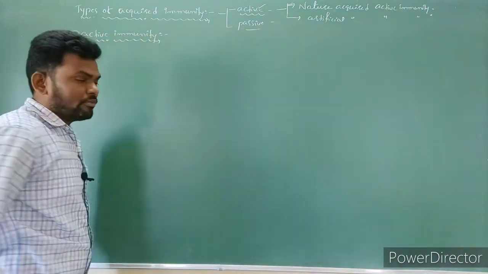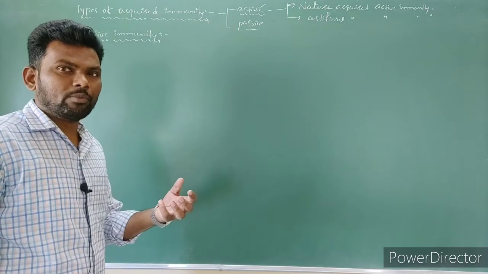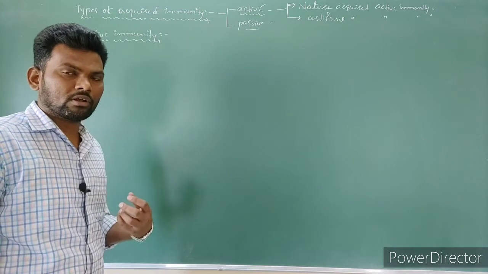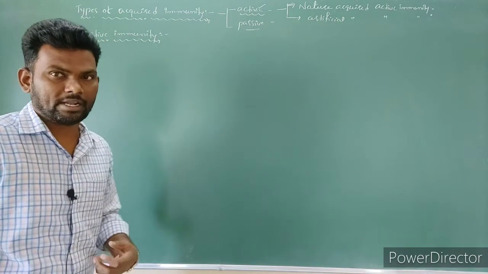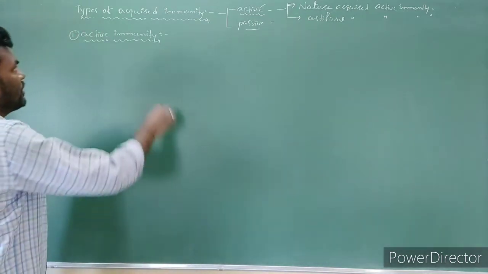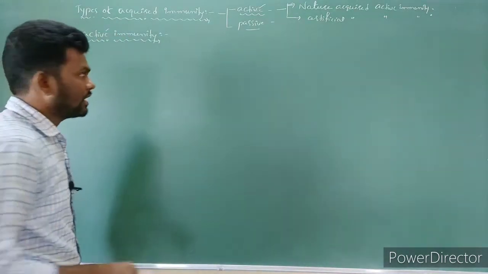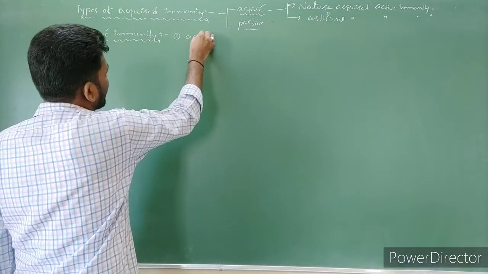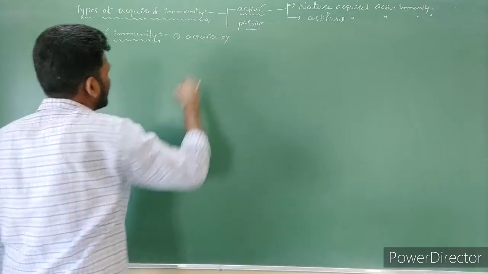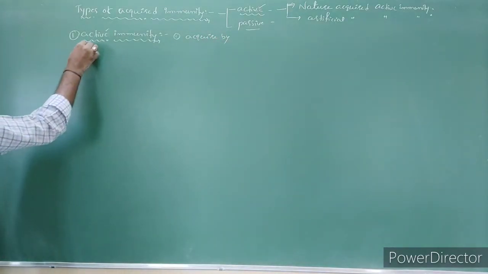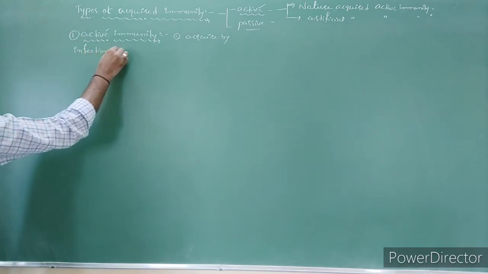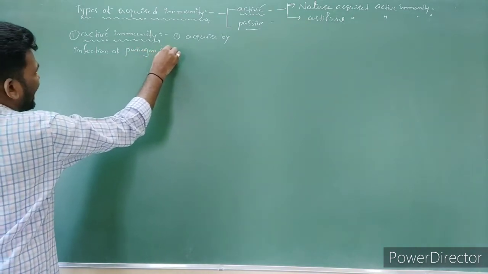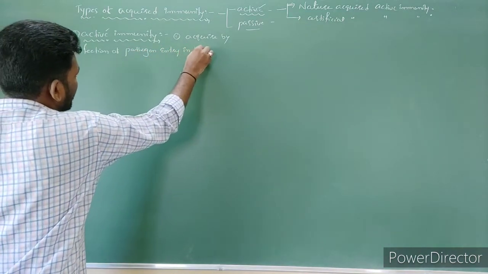Active immunity means such type of immunity is acquired due to infection. After the entering of infection or pathogen, our body is going to produce antibodies. Such acquiring of immunity is called active immunity, right? The point is, this type of immunity is acquired by infection or pathogen entry into the body.